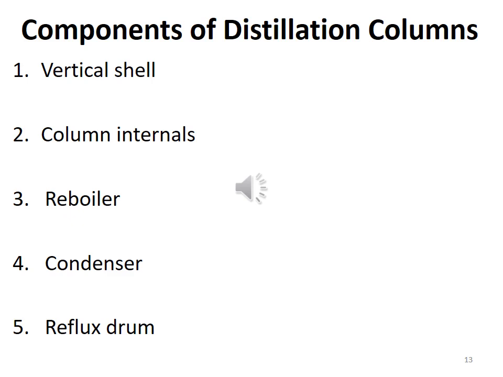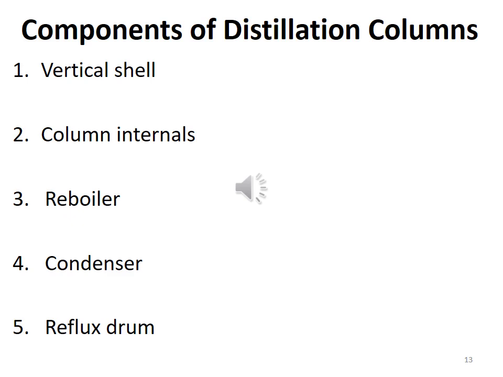A typical distillation column contains the following components which are listed here in this slide. Number one is a vertical shell, number two column internals, number three reboiler, number four condenser, number five reflux drum.